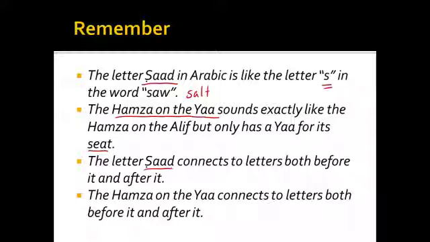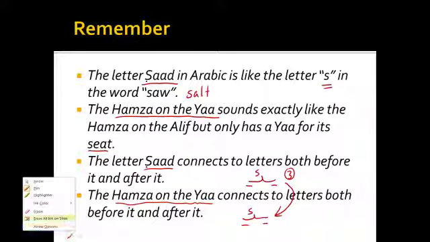Now the letter Saad connects to letters both before it and after it. So remember, in the third position, the Hamza on the Ya looks like this, and both connects here and connects here. Excuse me, this should actually go here. This is Hamza on the Ya, looks like this. So I'm just going to quickly erase that.